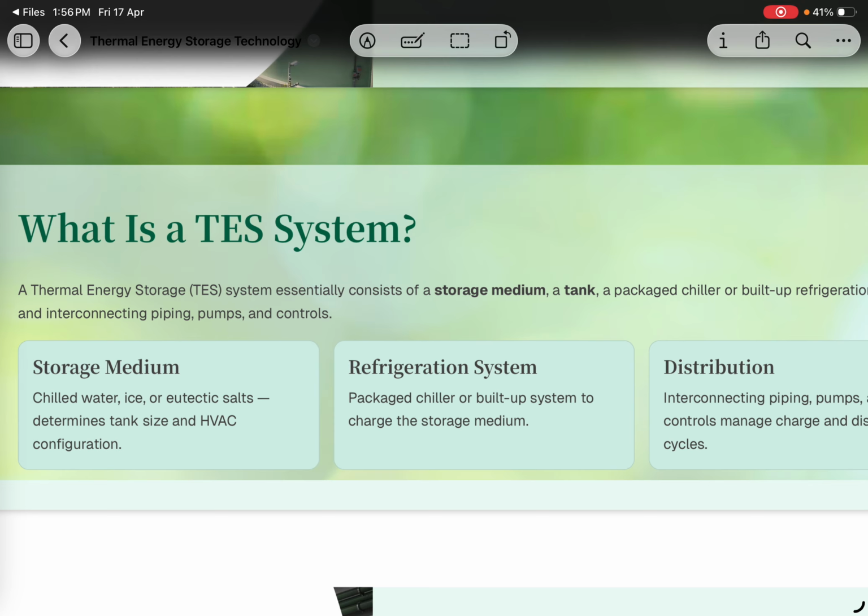So all these are the components of thermal energy storage system.